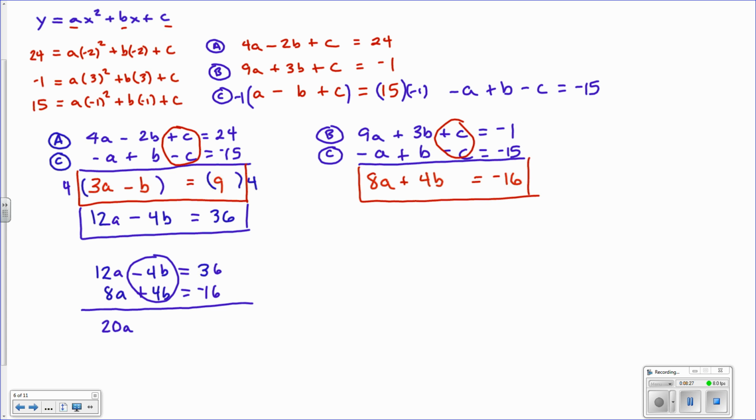There's our eliminated variable, and that should equal 36 minus 16 would be 20. Then we just finish solving for a. So a ends up equaling 1. So we just solved for a right here.